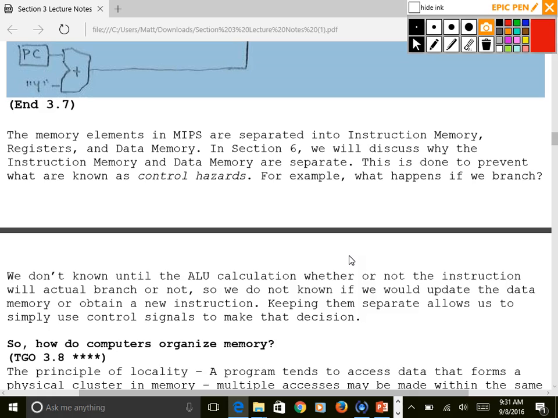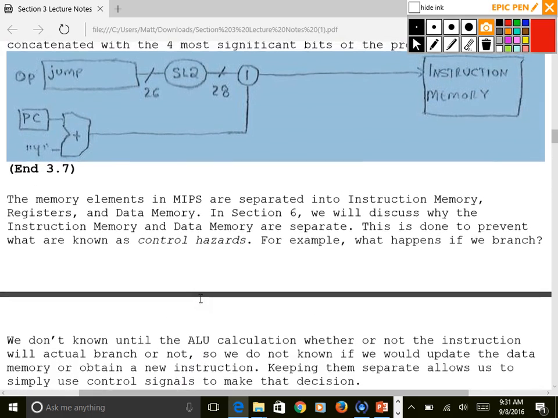Data memory is where we store the non-volatile memory, which means that when the computer is turned off, that is where the information is stored, right? The reason we separate it out is that we're going to try to avoid this concept called a control hazard.